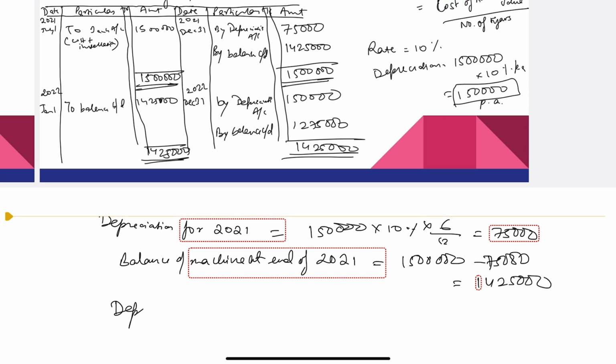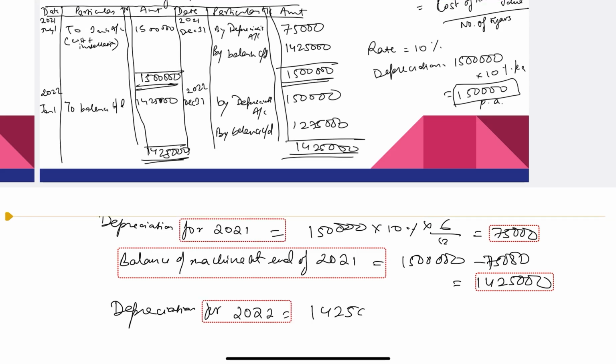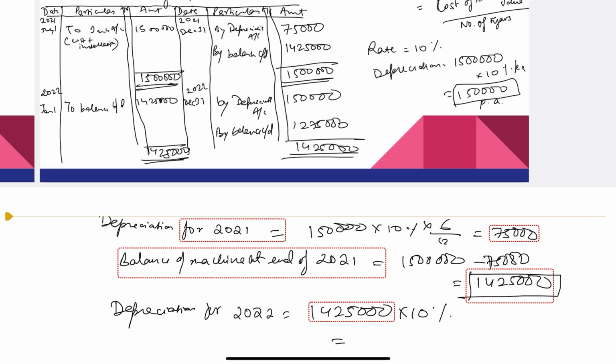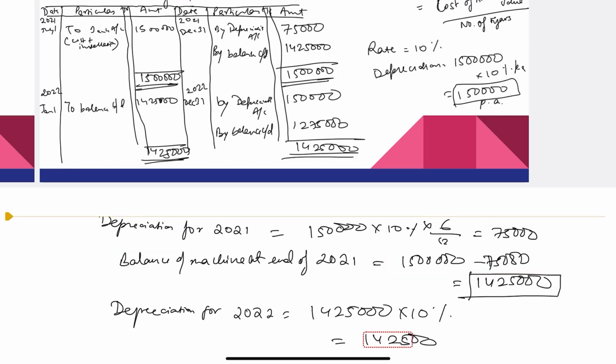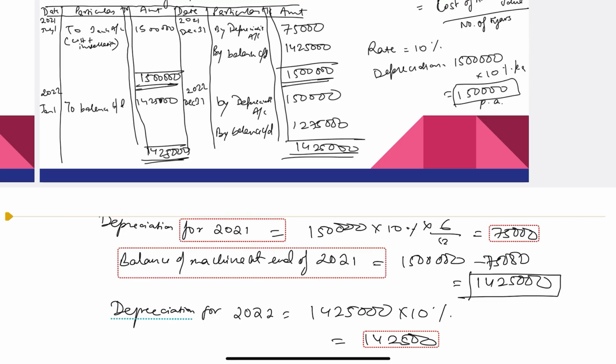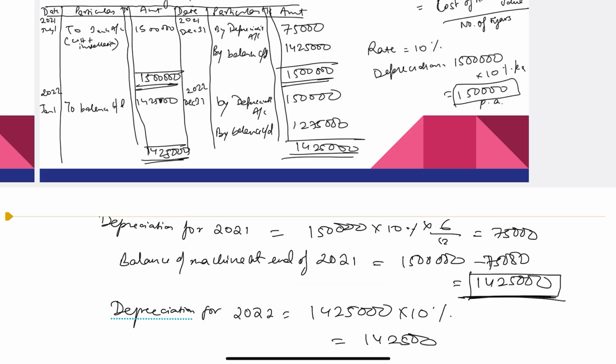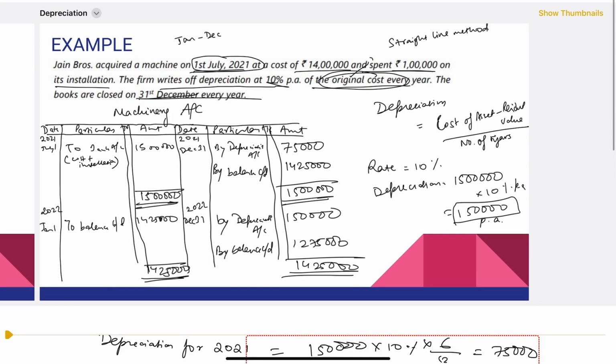Now for 2022 depreciation, we would have charged depreciation on this diminishing value, like on 14 lakh 25,000. So it is 1,42,500. So in case of the diminishing method or written down value method, we need to charge depreciation on the balance amount at the end of each year. Okay, thank you.